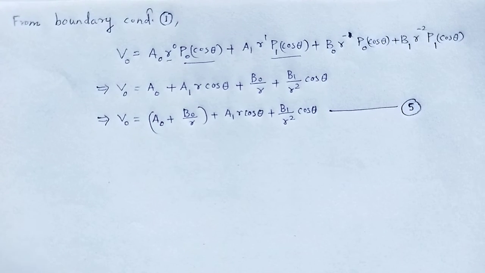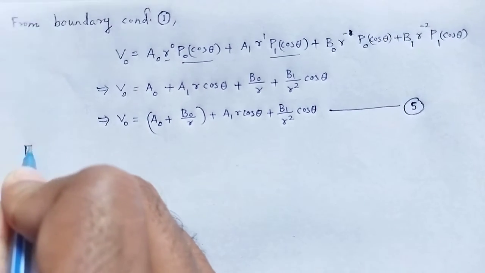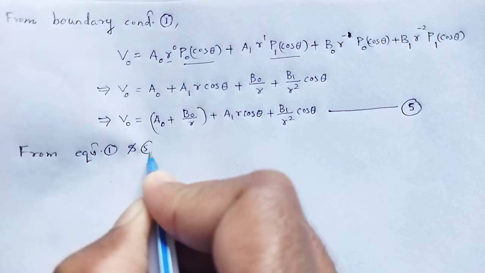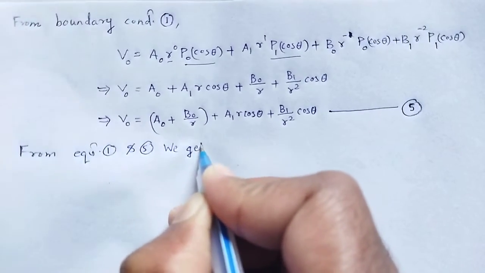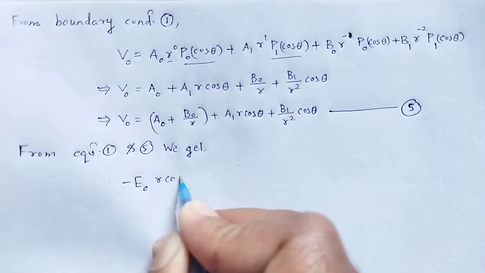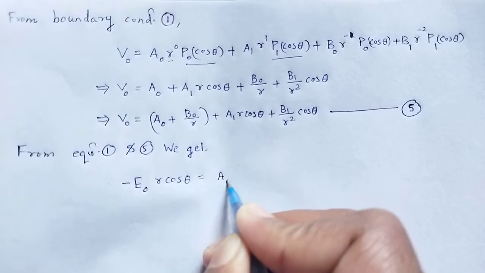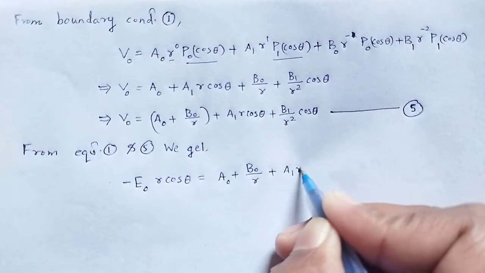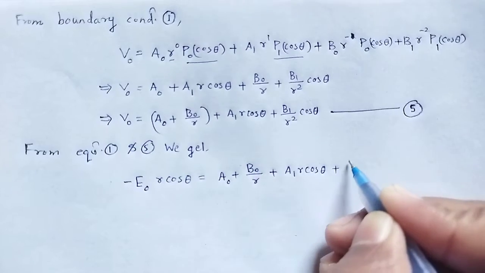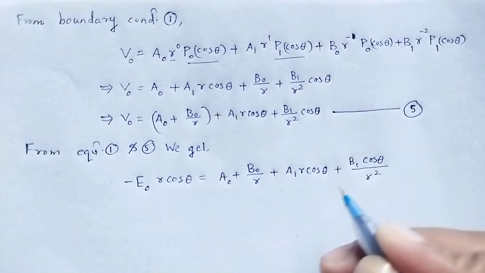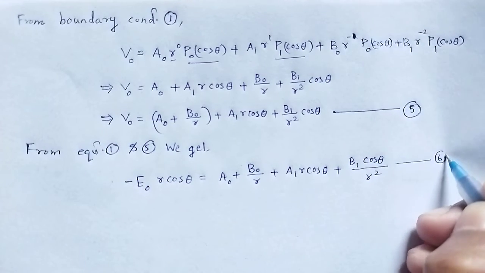We can equate this, therefore from equation 1 and 5 we get minus E naught r cos theta is equal to A naught plus B naught by r plus A1 r cos theta plus B1 cos theta divided by r square. Let this be equation number 6.